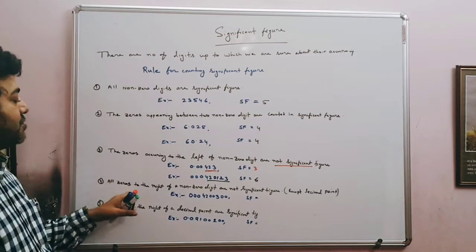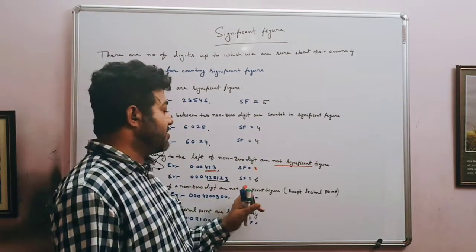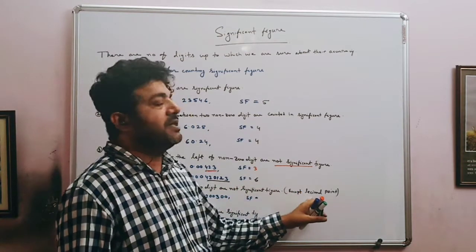Now, all zeros to the right of a non-zero digit are not significant figures, except with a decimal point.